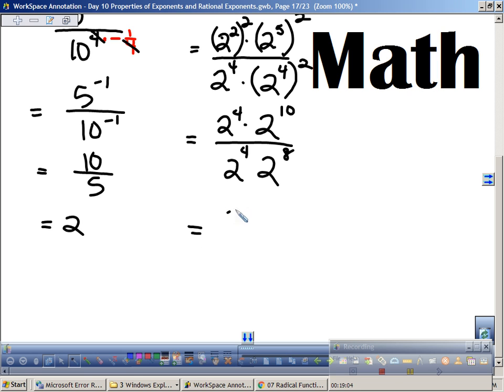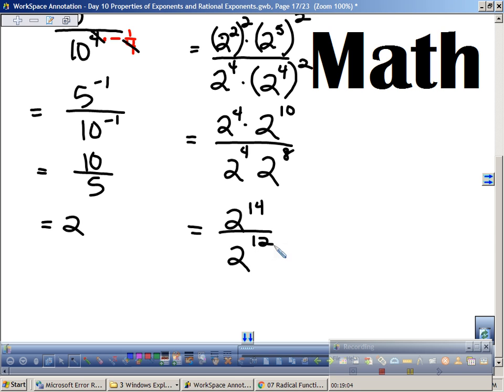How many do I have in the numerator? How many 2's do I have? How many total 2's do I have in the numerator? 14. And how many do I have in the denominator?